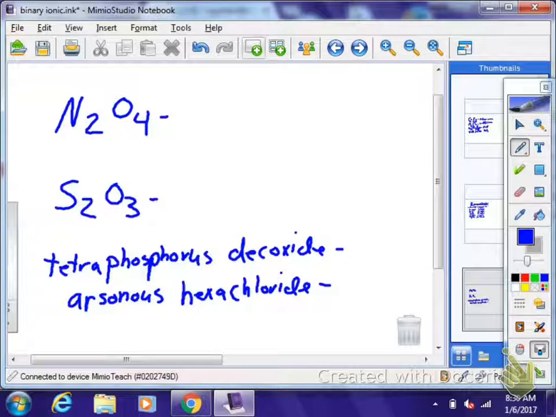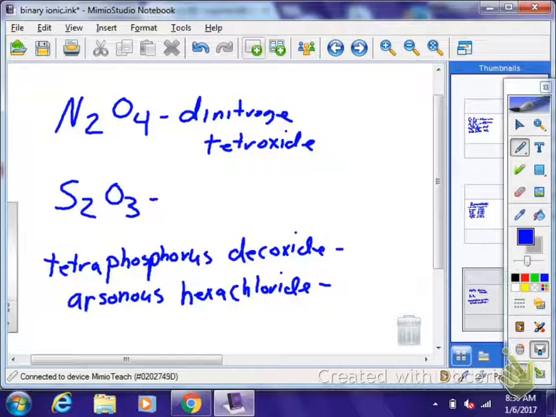So N2O4 is what? Nitrogen tetroxide. Okay, tetroxide. This would be disulfur trioxide. So wouldn't it just be trioxide?